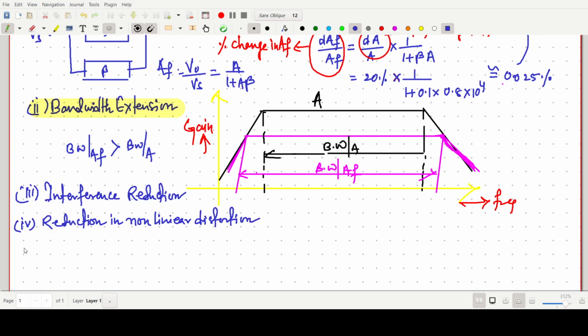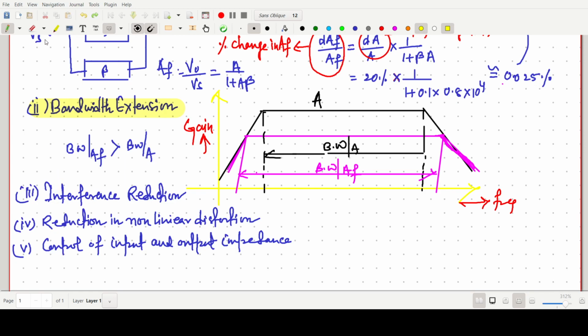And the last one is control of input and output resistance or impedance.